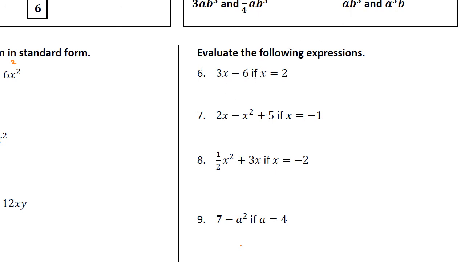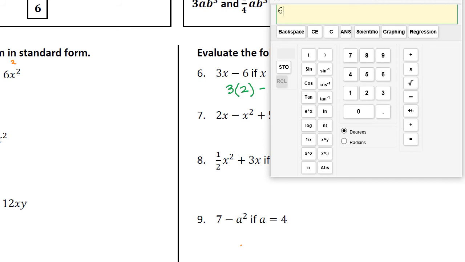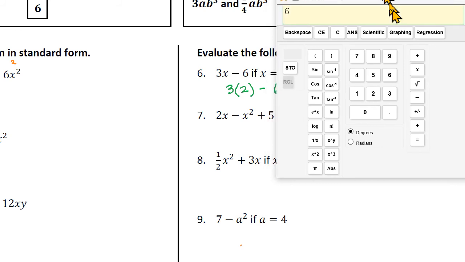So the way I would do this one is I would write, okay, I'm going to plug this 2 into this x term. So this is what my calculator is going to look like: 3 times 2 minus 6. And now I'm going to go ahead and put that in my calculator. I've got 3 times 2 minus 6, press equal, and I've got 0.